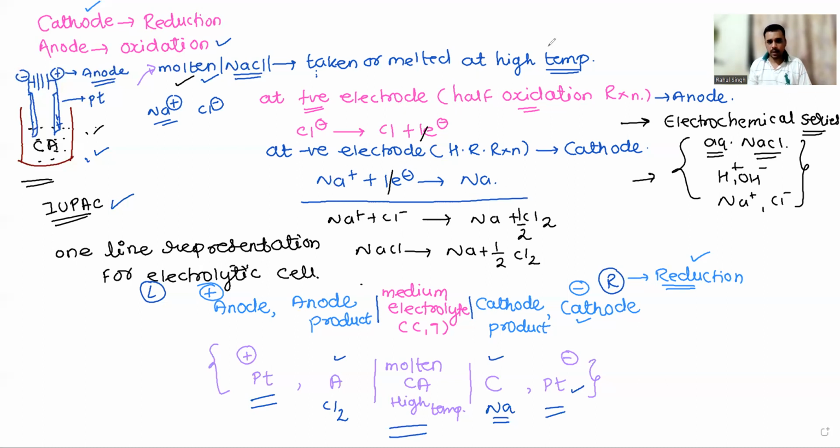So this is the first part for today's lecture, and the second part is very much important. Here we will see electrochemistry, the electrolytic cell. Whenever we study the electrolytic cell, these electrolytic cells are divided into two parts.